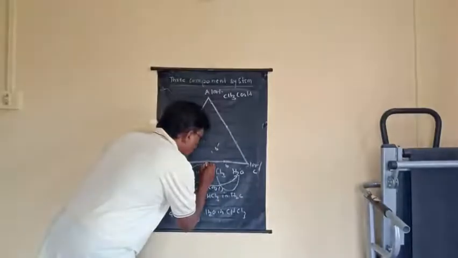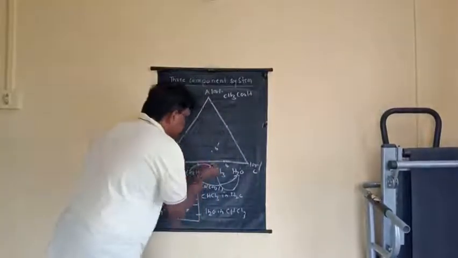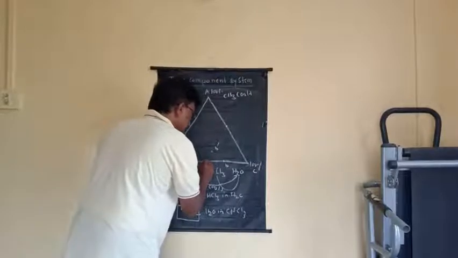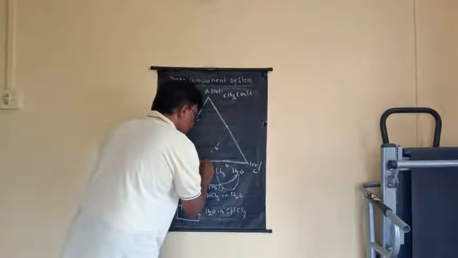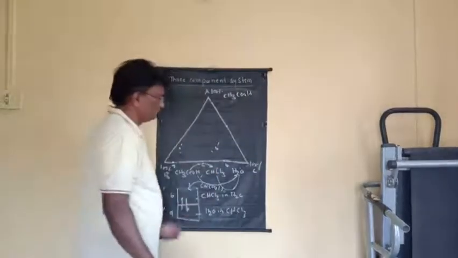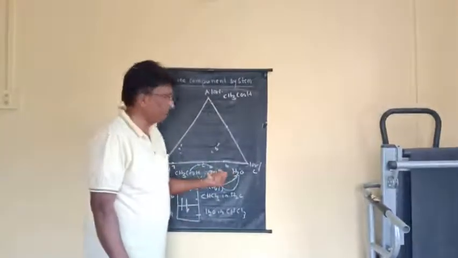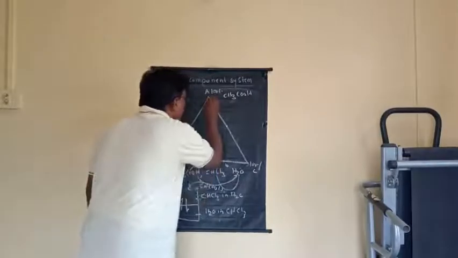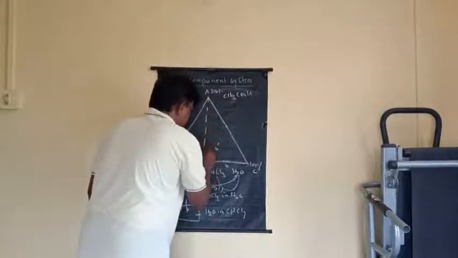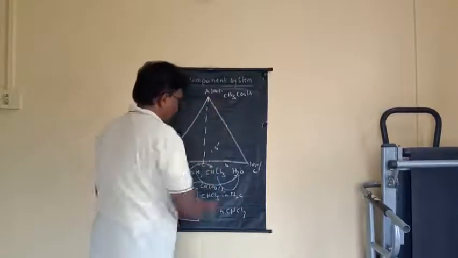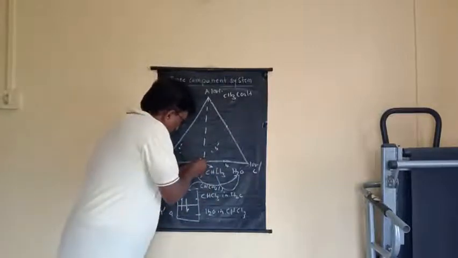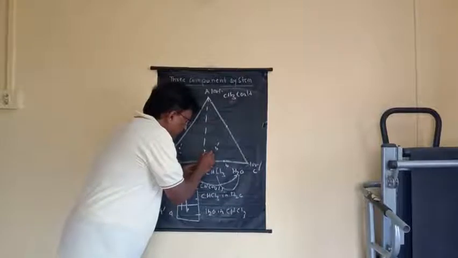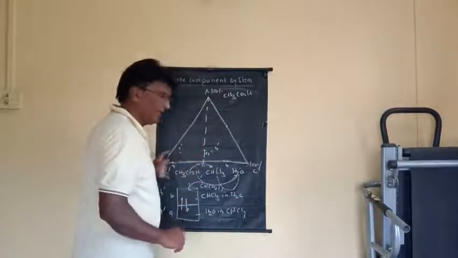Now, this is point C inside on the line, which represents the total composition. Now, the addition of acetic acid is represented by this dotted line. If we add acetic acid in this particular system, then composition becomes C1, the entire composition.